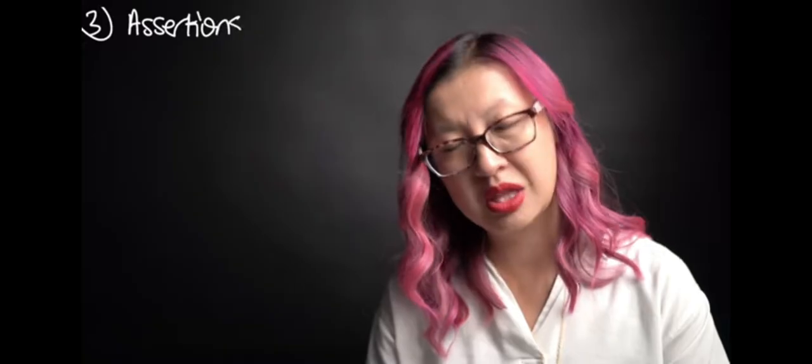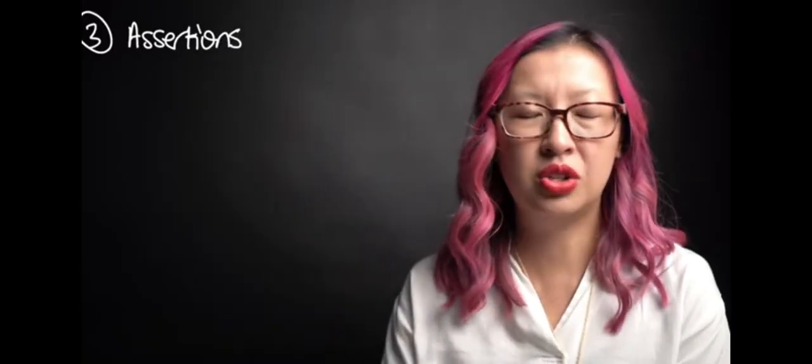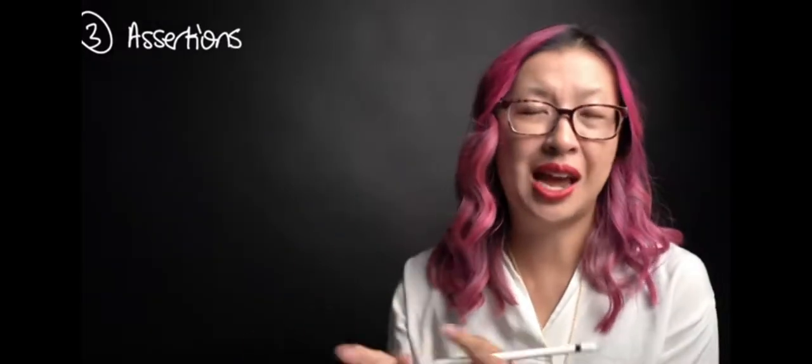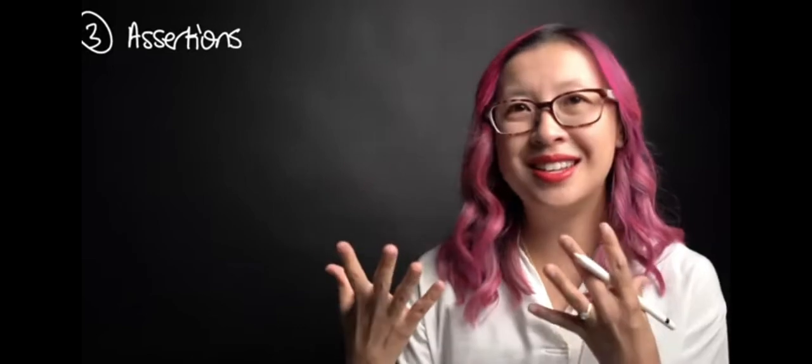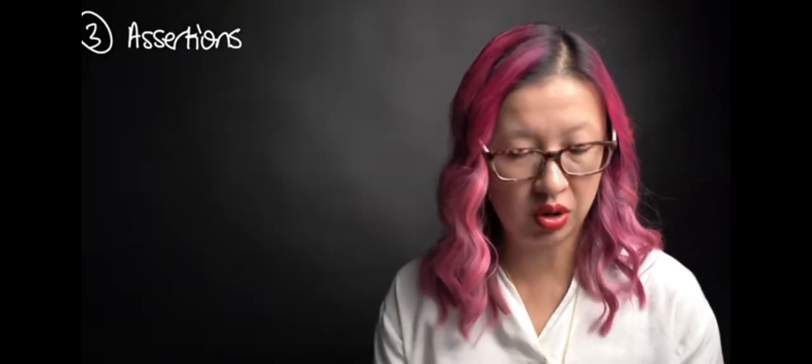So let's move on to the third option, which is using the assertions. And you might think, hang on a second, Amanda, the assertions are related to the financial accounts and substantive testing. And yes, they are, but we can use them for internal controls.